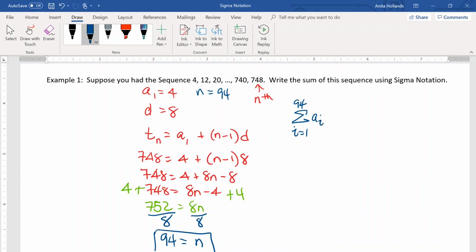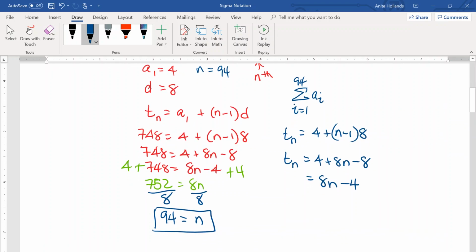So we know that the general form, T sub n, is equal to 4 plus n minus 1 times 8. So again, let's distribute. T sub n is equal to 4 plus 8n minus 8, and combining like terms, 8n minus 4. So now we can substitute this in for A sub i, and that will give us the specific form for this sequence.